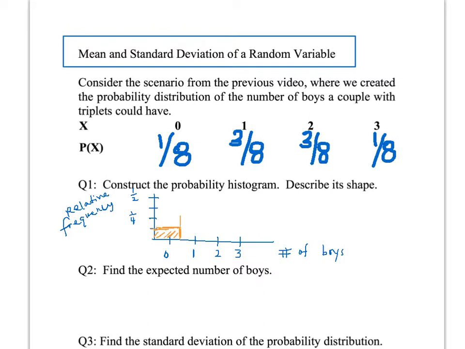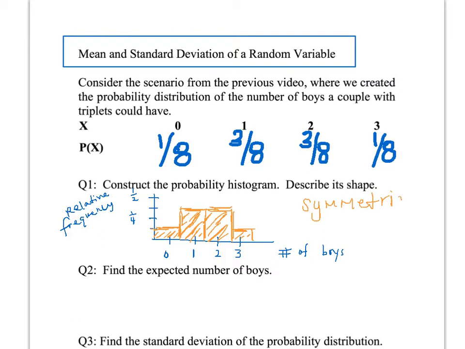And then for 1, I'm going to go up to 3/8. I'll be just as tall for 2 boys. And then for 3 boys, I'll be back down to 1/8. So this is what my probability histogram would look like, and we should recognize that shape as symmetric. So hopefully your prediction was right in describing its shape.